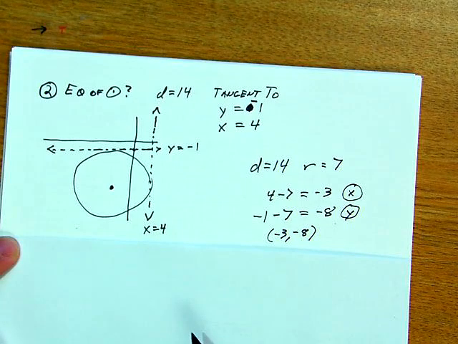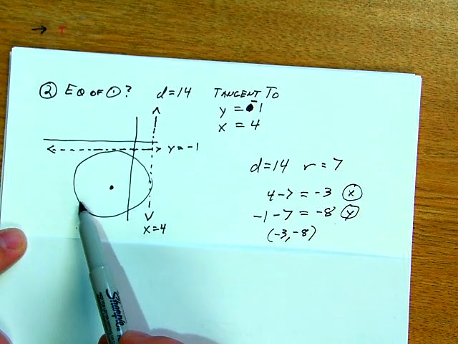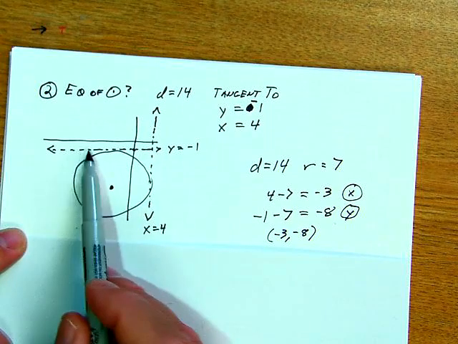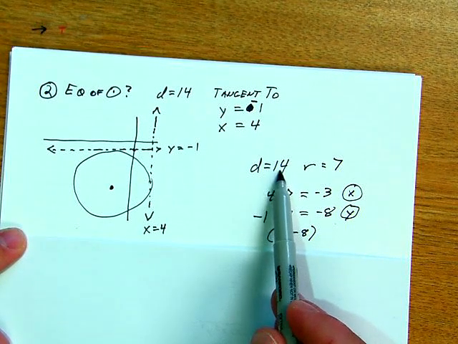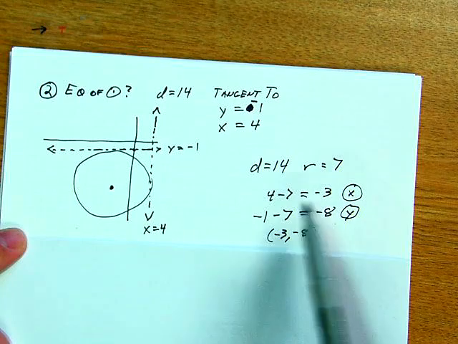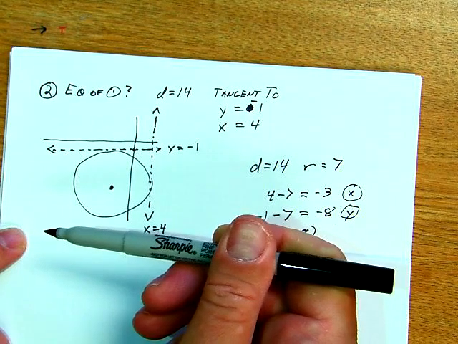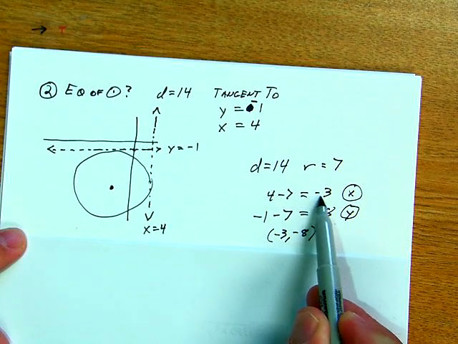And then I said, well, now I've got to find the center point. I know that it's going to be over here somewhere because that's where my circle mostly lies, in the third quadrant. So I take my x value of 4, and I say, since my diameter is 14, my radius is 7. So I've got to move from this line that way 7 units. So 4 minus 7 equals negative 3.